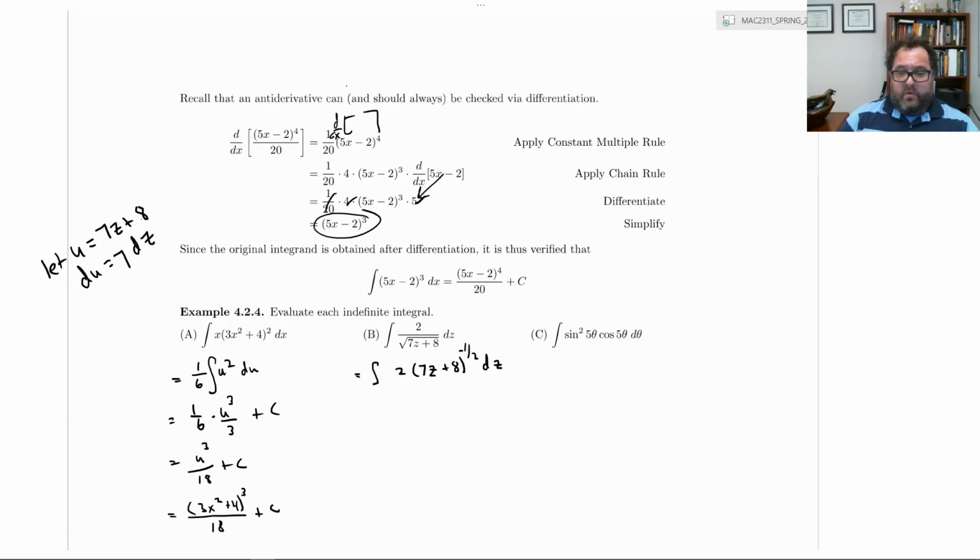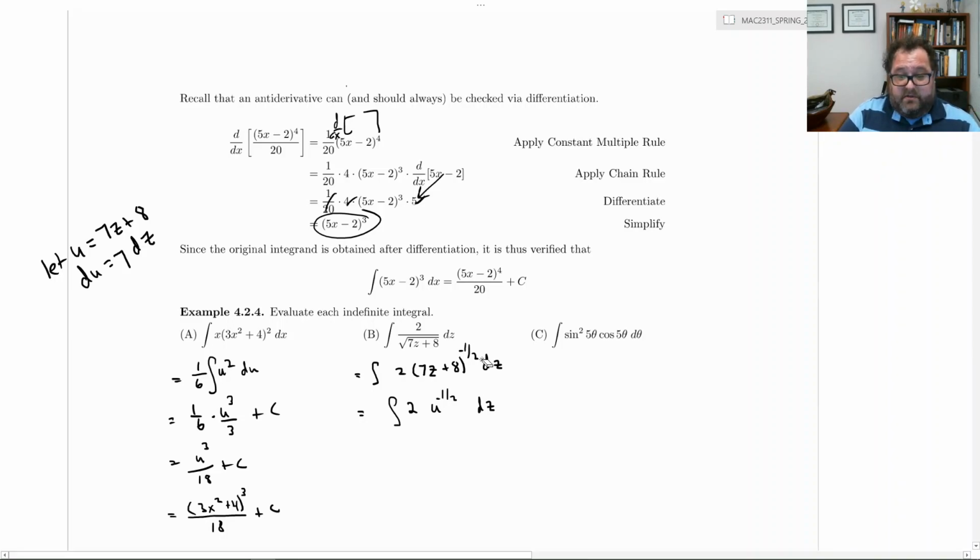Now, okay, we start trying to substitute here. We can go ahead and say, all right, 7z plus 8, that's u, so I have u to the negative 1/2 power, but I still have that dz, and I have a 2 there. Well, okay, the 2 is easy to fix, right? I can factor it out.